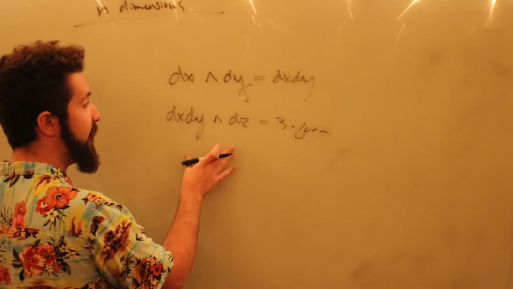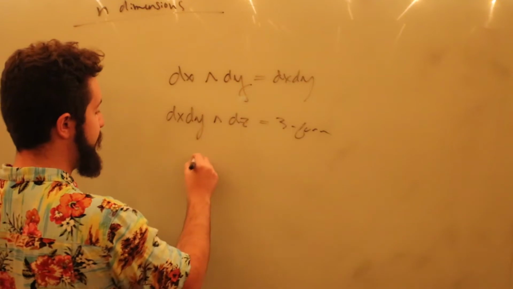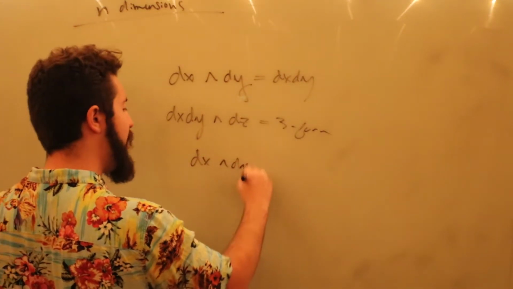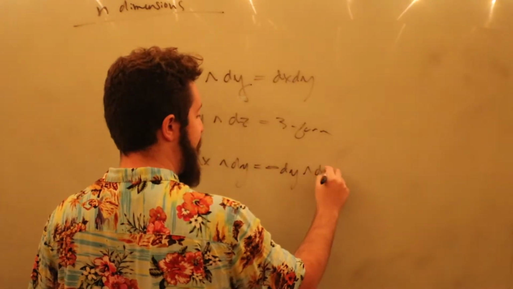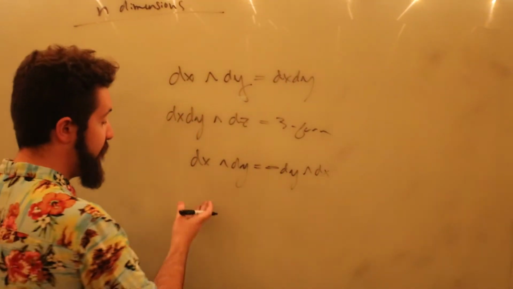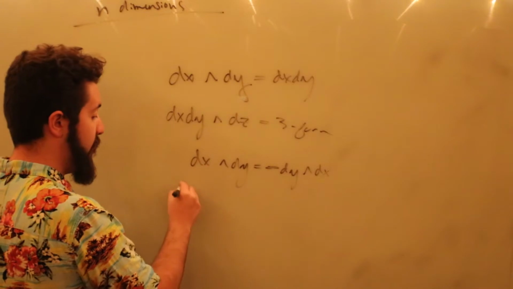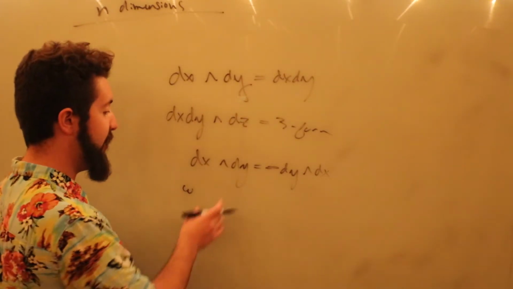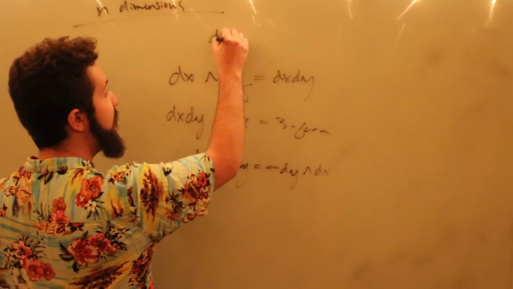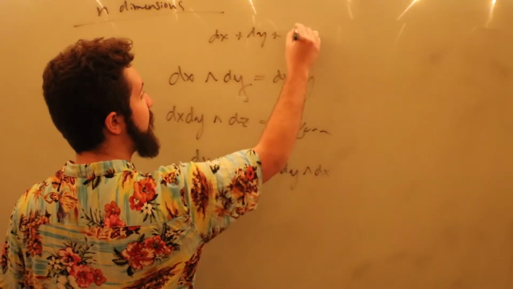And this is going to have an anti-commutative property, which is just that dx wedge dy is equal to the negative of dy wedge dx. And so if you have omega, say, as an n form, and it may be a sum of things, right? Like dx plus dy plus 5 dz.